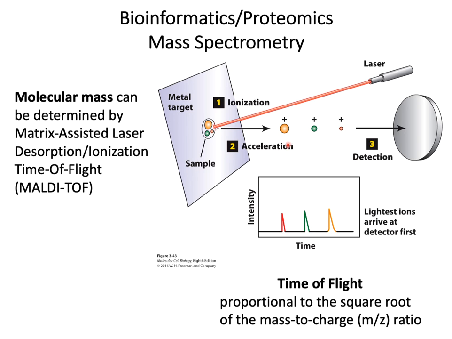The time it takes for the particle to move from its original position to the detector is known as the time of flight, which is proportional to the square root of the mass of the particle over charge. Basically, the lightest ion will reach the detector first. The molecular weight of each ion from the sample is calculated based on the time of flight.